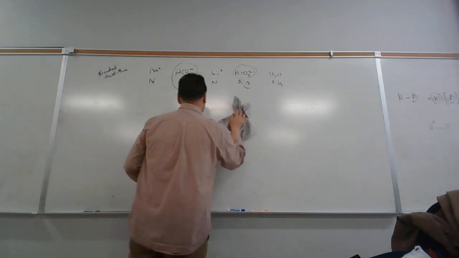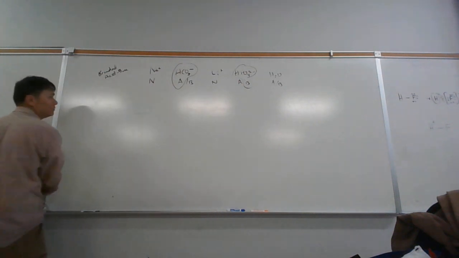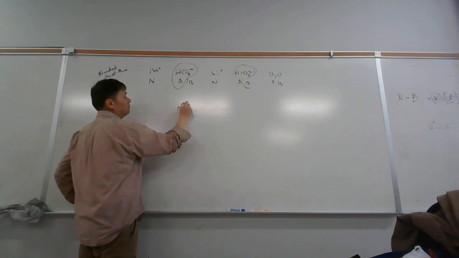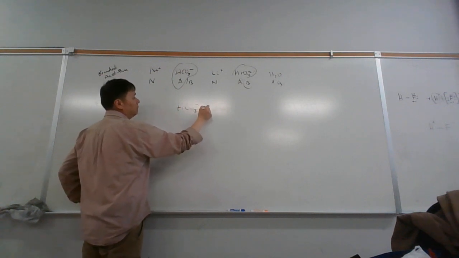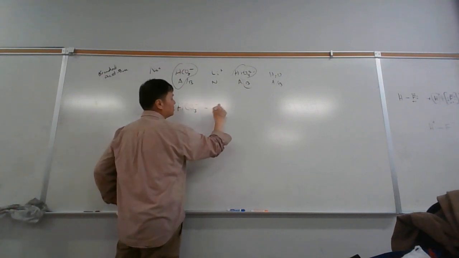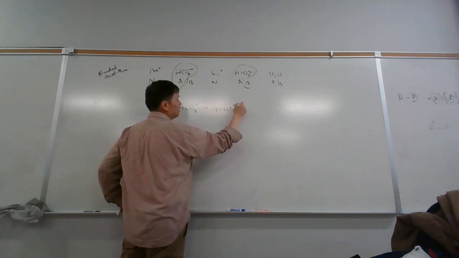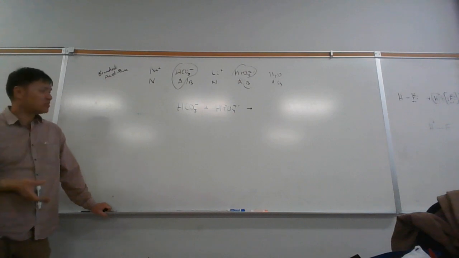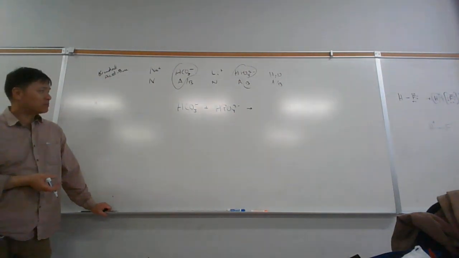This doesn't mean a reaction is going to happen. We have to have a driving force. The acid is a proton donor, so it's going to lose the hydrogen. It's not hydrogen, it's hydrogen ion. It's going to lose H plus.